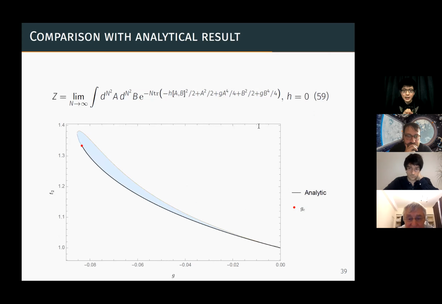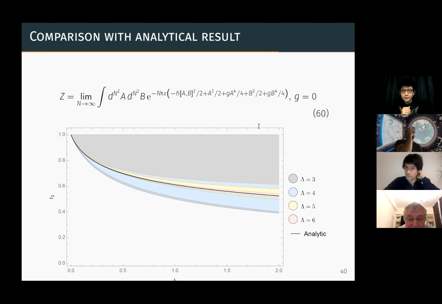This is for g smaller than 0, close to the criticality point. And for g equals 0, this model is also solvable. We have a lower speed of convergence, but we see that for lambda equals 7, we still have very good convergence, almost indistinguishable from the analytical result.